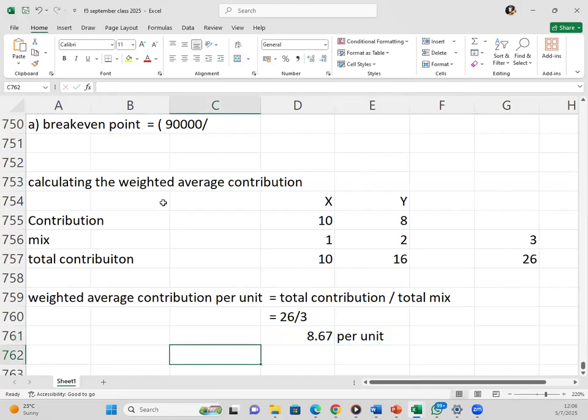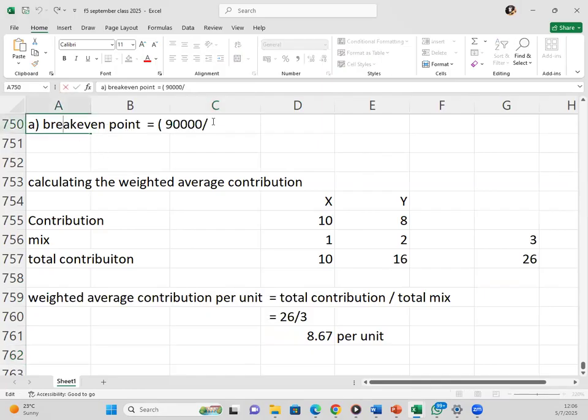So for the break-even point, you say the 90,000 over the 8.67.